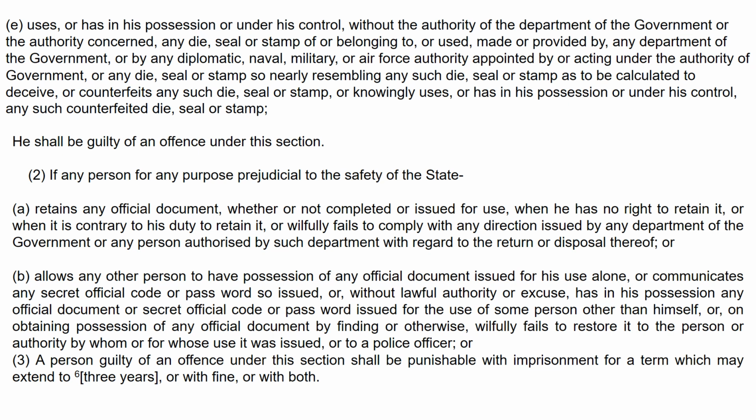or allows any other person to have possession of any official document issued for his use alone, or communicates any official secret code or password so issued, or without lawful authority or excuse has in his possession any official document or secret official code or password issued for the use of some person other than himself, or on obtaining possession of any official document by finding or otherwise, willfully fails to restore it to the person or authority by whom or for whose use it was issued, or to a public officer.